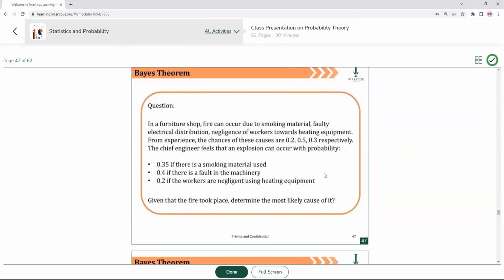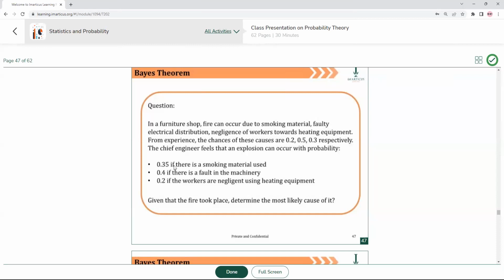So what is this saying? These are the probabilities of the causes: smoking material is 0.2, faulty electrical distribution is 0.5, and negligence of heating equipment is 0.3.